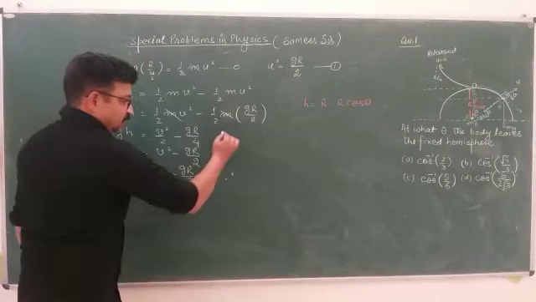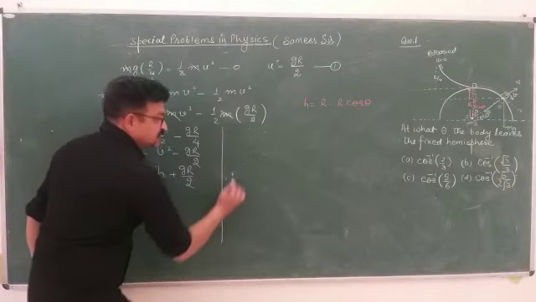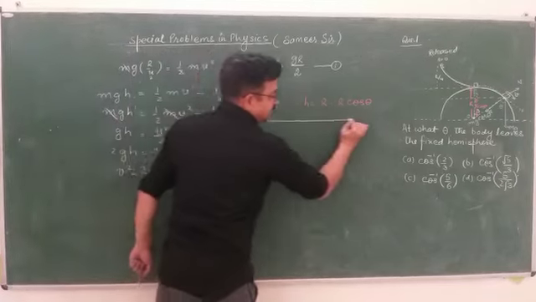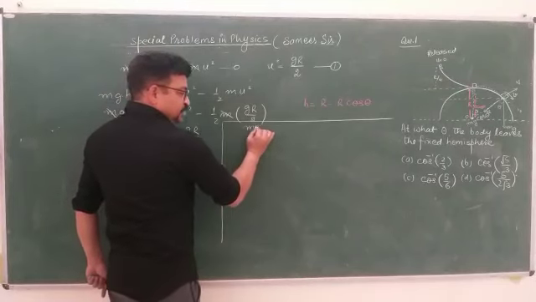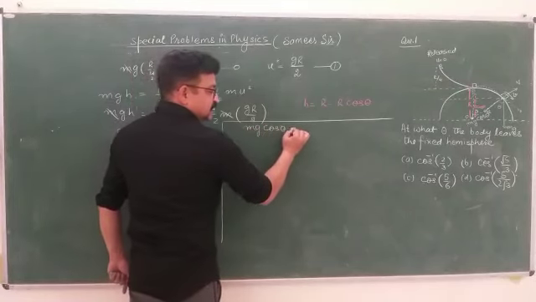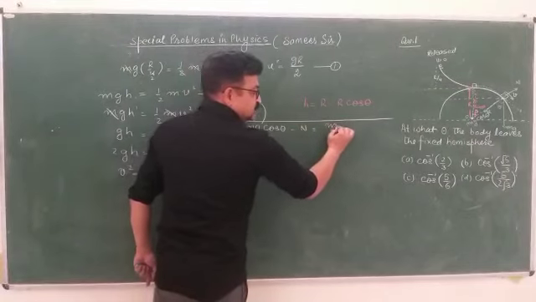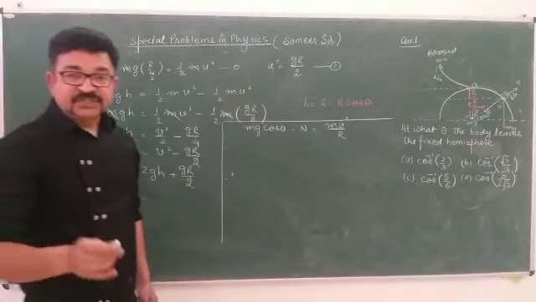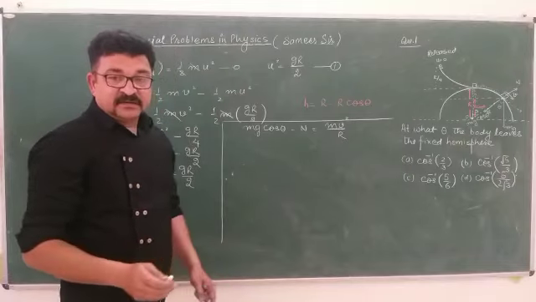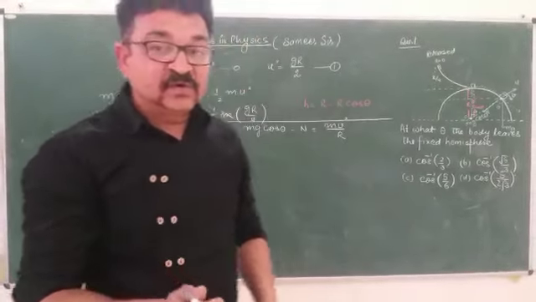Now come to the point where the particle is on the track. Let's find it out. I can easily write the equation as mg cos theta minus N is equal to mv square upon r. But in the question it was asked that the body loses contact.